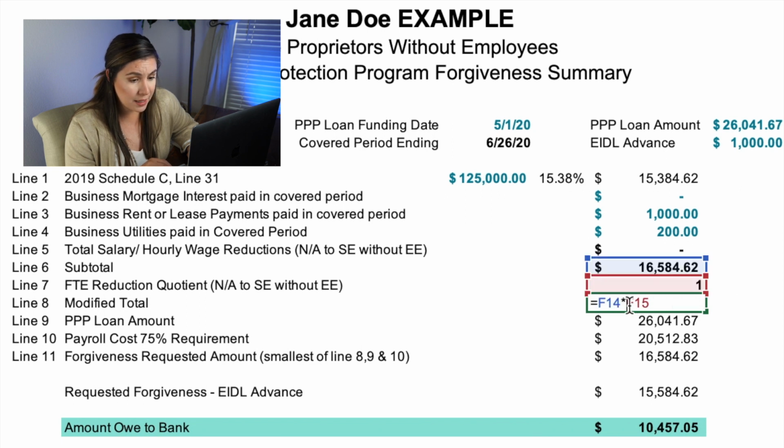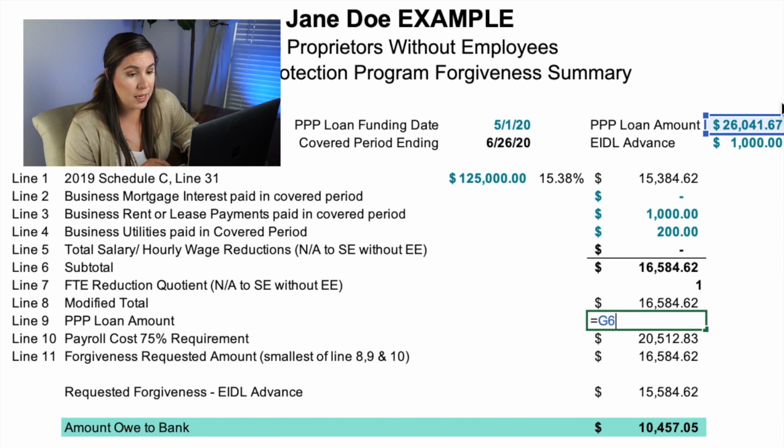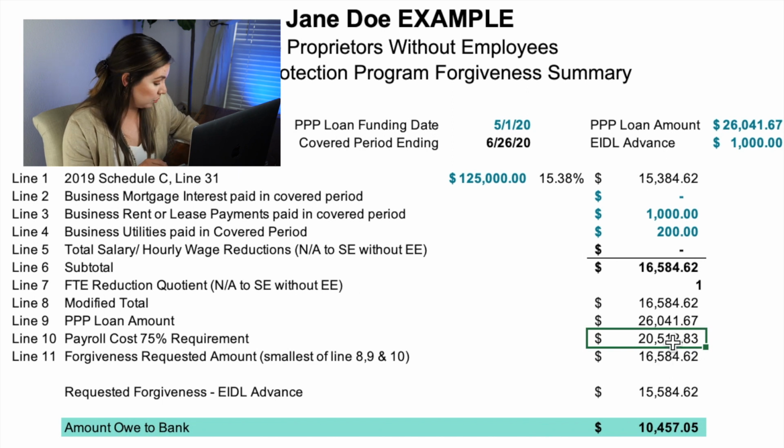So we're multiplying the 16,584.62 by 1. And then line 9 is going to feed from whatever you put in this field here. So 26,041.67. And then line 10, they want us to multiply our payroll amount by the maximum amount of forgiveness.